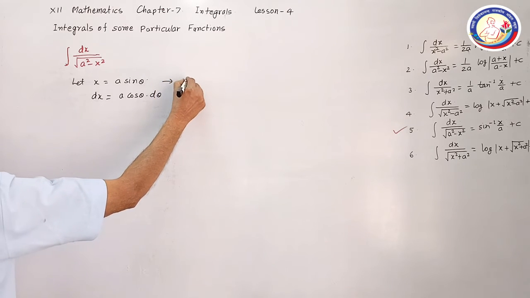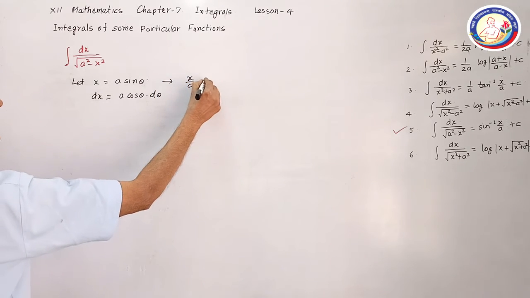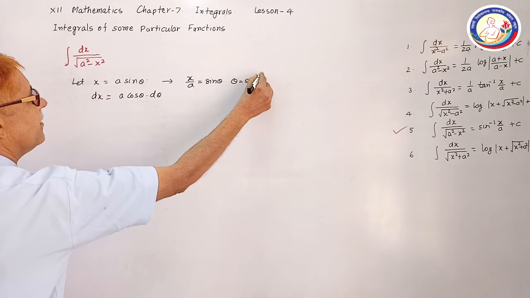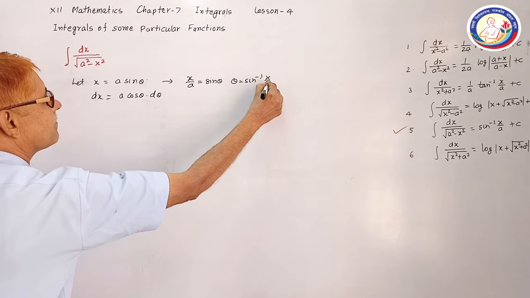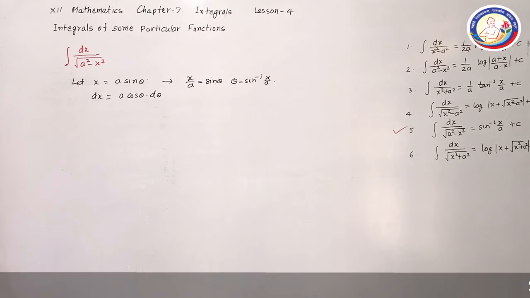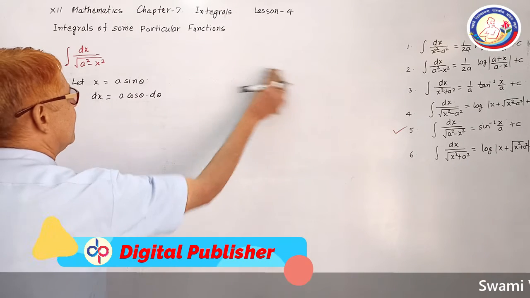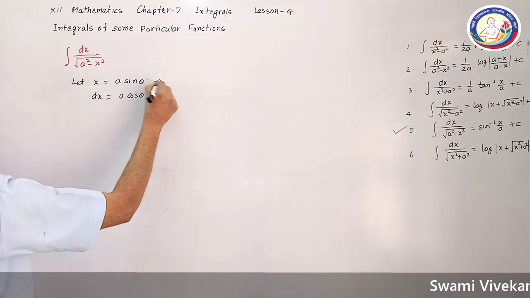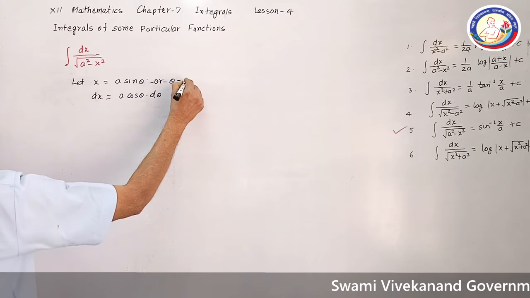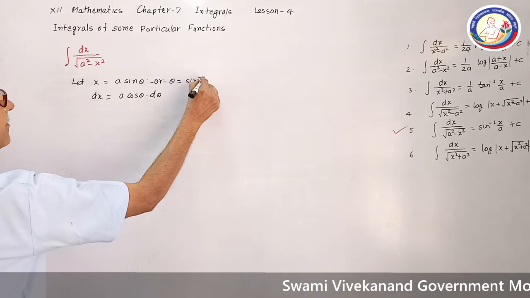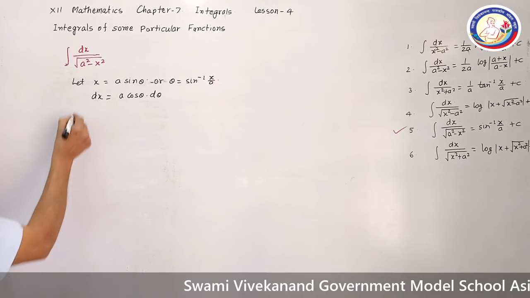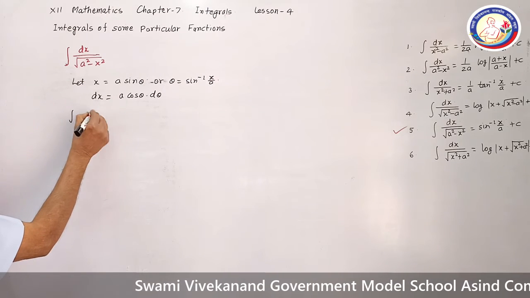We can find it: x upon a equal to sin theta, so theta is equal to sin inverse x by a. We will use this later.